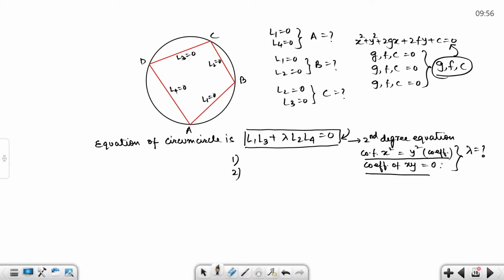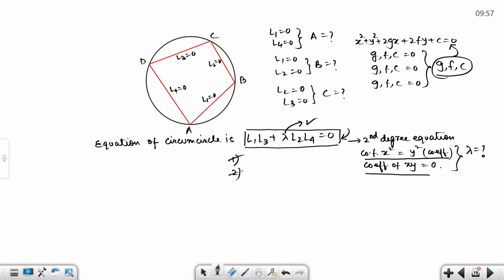If it does not satisfy, then we cannot draw that circle. But if it satisfies the second equation, then we are sure that this second degree equation represents a circle. We will be confirming that. So from there, we get the value of lambda.